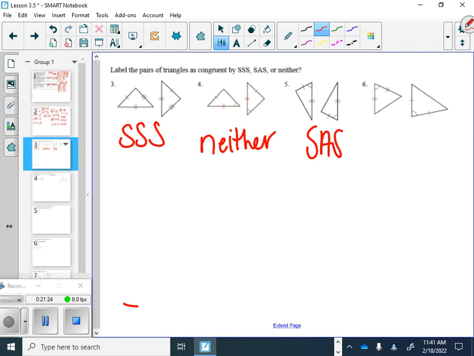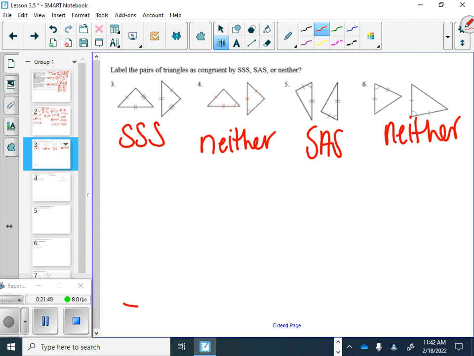It's not telling me anything about both the triangles. So I would need a tick mark and then 2 tick marks on both sides. Because all this is saying is that these two sides are congruent and those two sides are congruent, but nothing about the 2 triangles together, this would be neither.